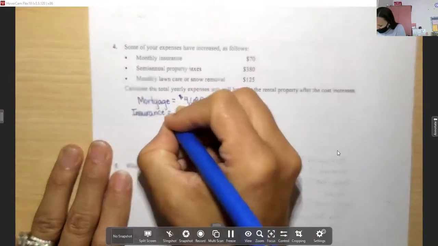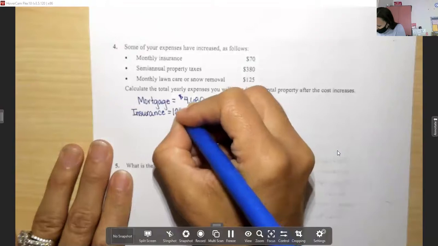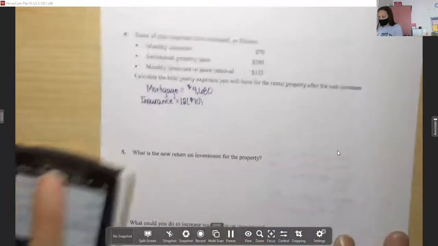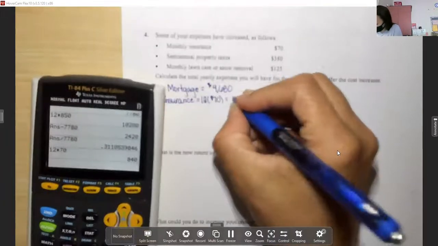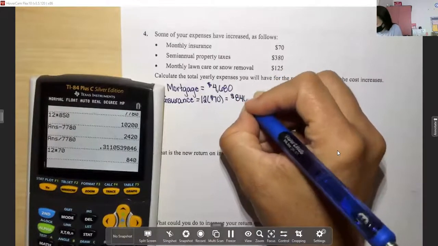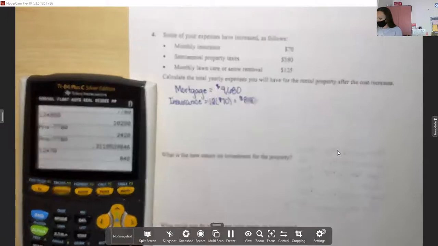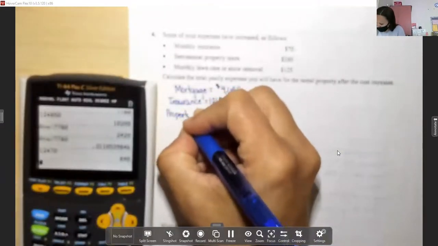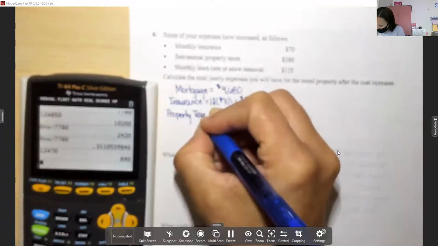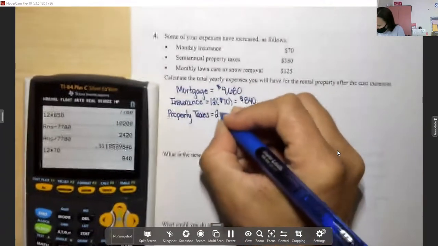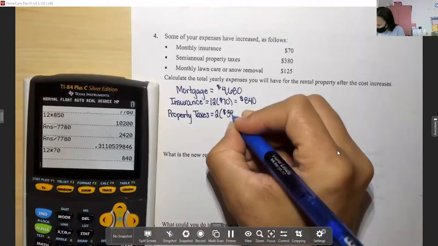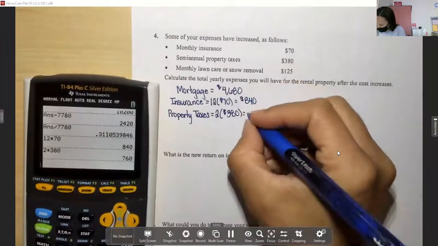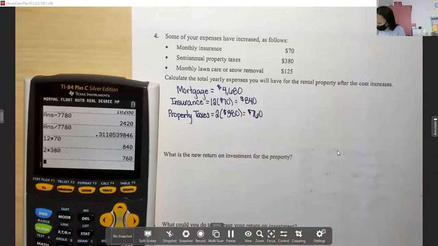The insurance, it's monthly, 12 times $70. $840 now. Property taxes, 2 times $380. $760.